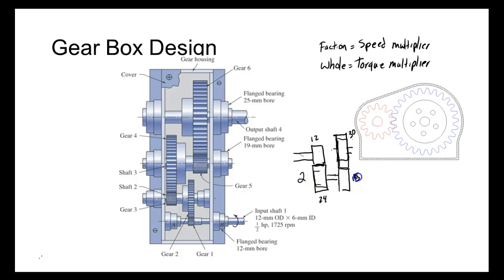Let's make this 15 to make it easy. Here we get a torque multiplier of what? 2. So what would be my total torque multiplication? Huh? 4, yeah. So my output would be running at 1/4 the speed, but we'd be creating 4 times the torque.